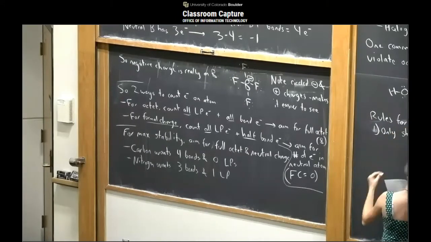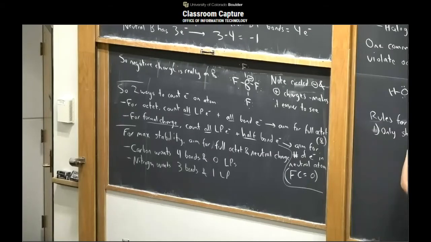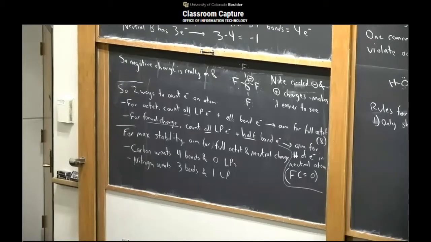Probably the most important place to start is to only show the valence electrons, not the core ones. That's a common thing where even if people know how to do it, sometimes they forget to subtract 2, for example, for second row stuff.